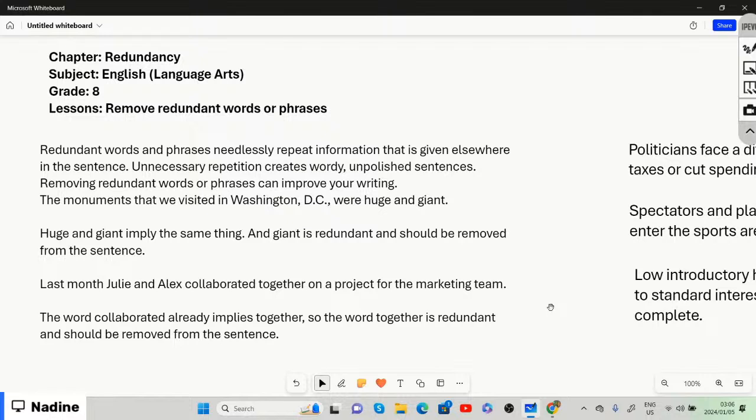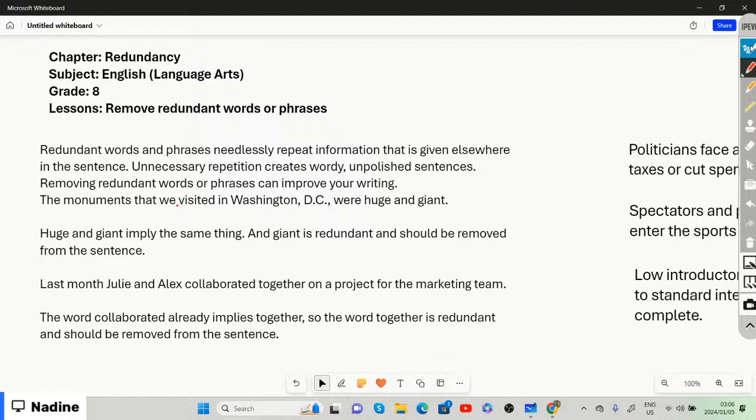So redundancy, all right? Redundant words and phrases needlessly repeat information that is given elsewhere within a sentence. Sometimes it is not the exact word that is repeated, but a word that is similar in meaning to that specific word, right?